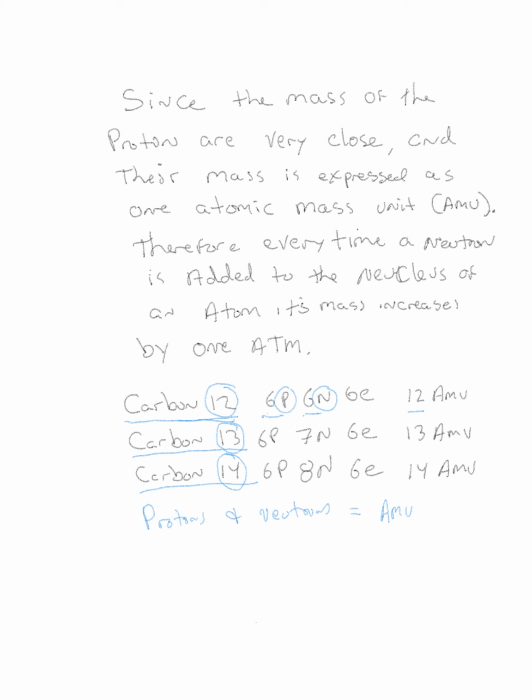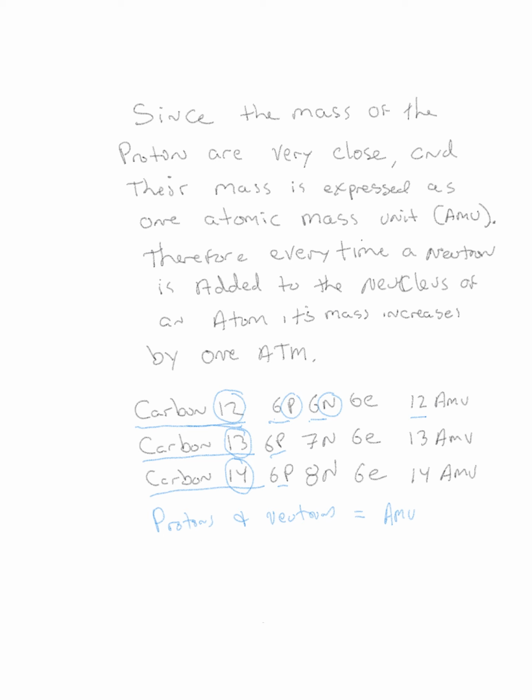Carbon-13, on the other hand, has six protons. So you notice in each one of these, the number of protons does not change. If I added more protons or subtracted protons, it no longer would be carbon. But this one, carbon-13, you have 7 neutrons and 6 electrons. So if it's a neutral atom, the number of electrons and protons is going to be the same.